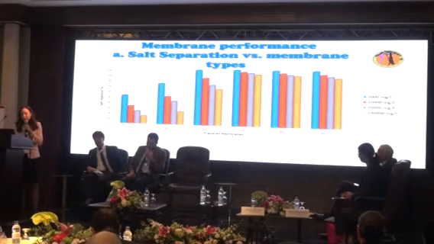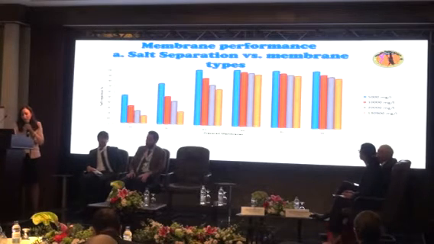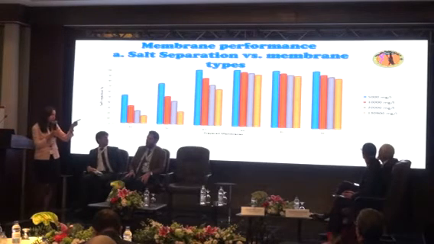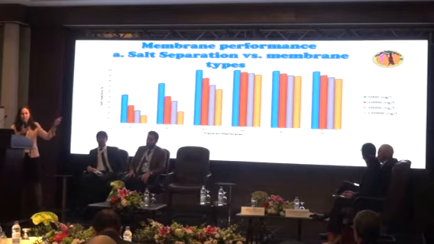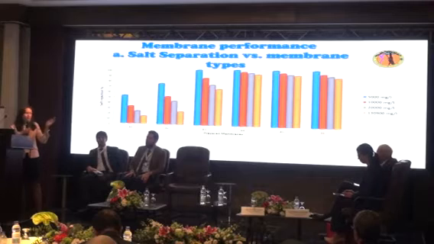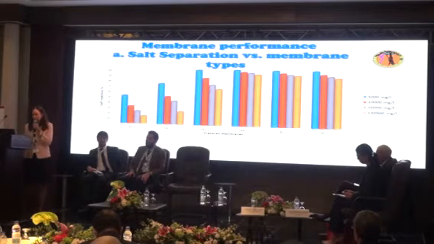As we can see here, the salt rejection gives good results, up to 92%, especially for the last orange category, which is the real field water after the first stage microfiltration, where you can gain a salt separation up to 92%.